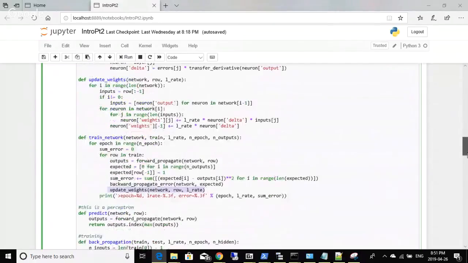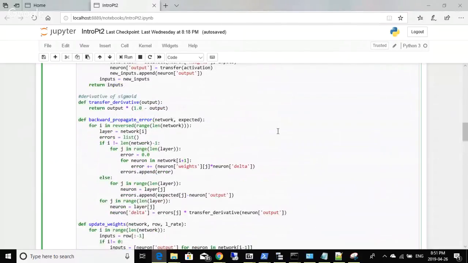Actually, this error is just being reported. This is actually not being used anywhere. The actual error is being kept track of here. Okay.